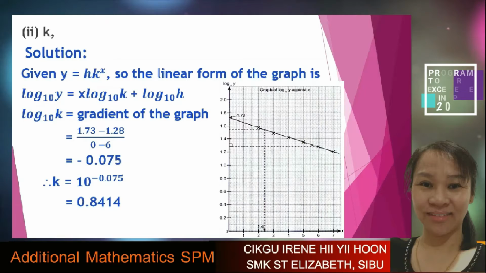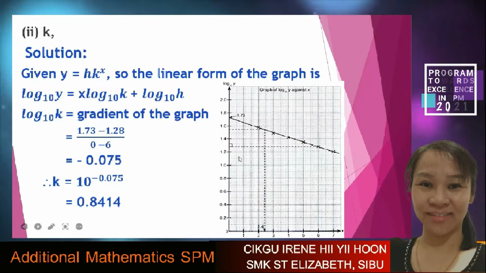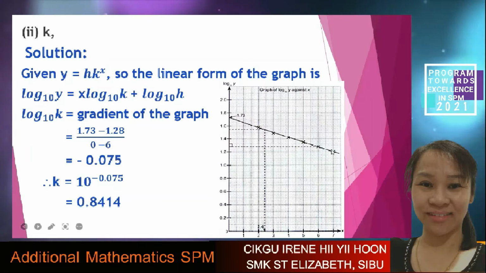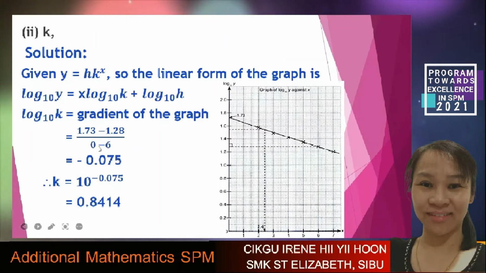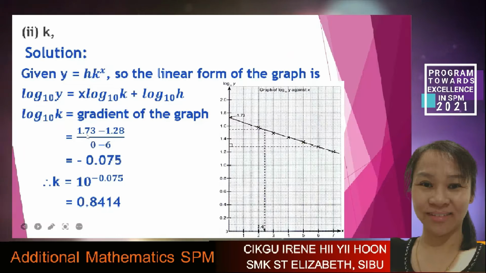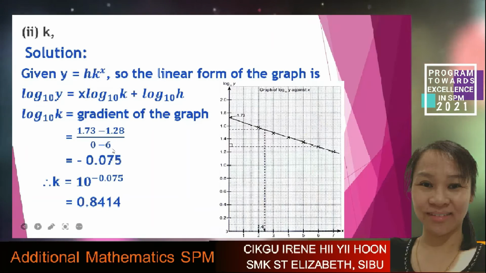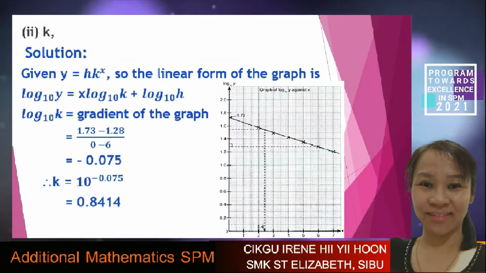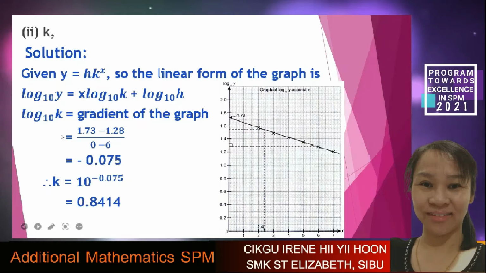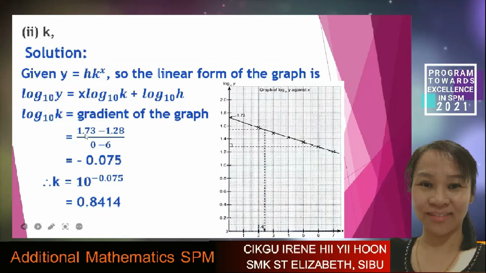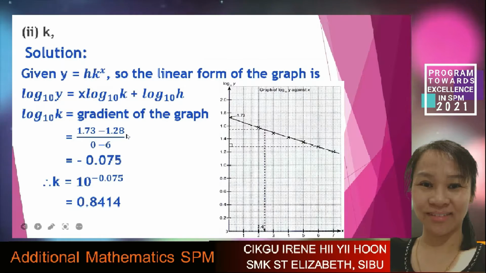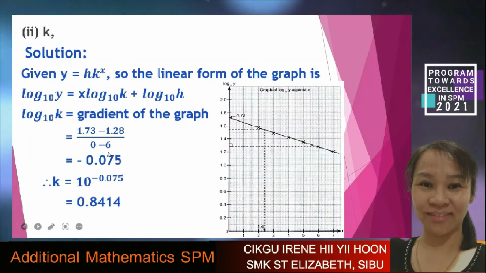Also, as usual, we choose any two points from the line. For example, here are (0, 1.73) and (6, 1.28). So substitute the points into the formula for gradient. So we'll find that 1.73 minus 1.28 over 0 minus 6.